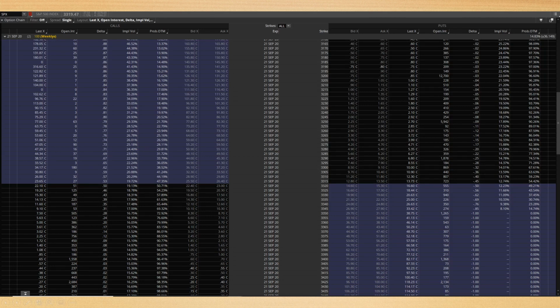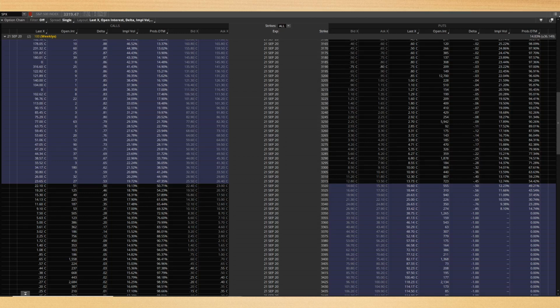So now you have in the money, out of the money, and at the money. At the money is when the stock price is equal to the strike price, or a lot of people will say one or two strikes away from the current underlying price, they will consider that at the money.